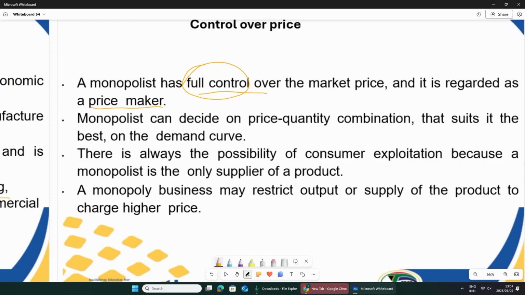Now, because it has full control over price, there is a possibility to exploit consumers because they are the only supplier. We are saying a possibility because that is not always the case. Sometimes there might be a possibility of exploiting consumers, and they do it by restricting output or reducing output so that they can charge a high price.